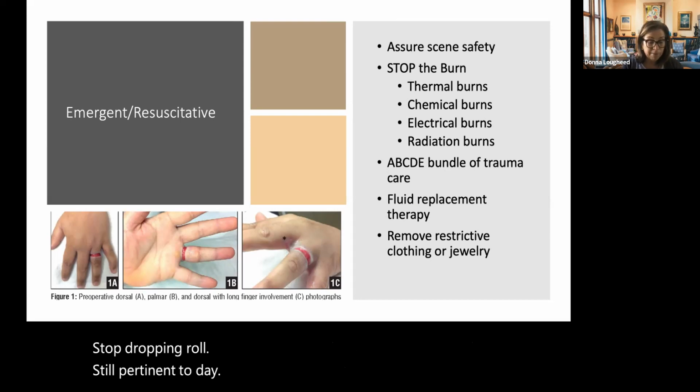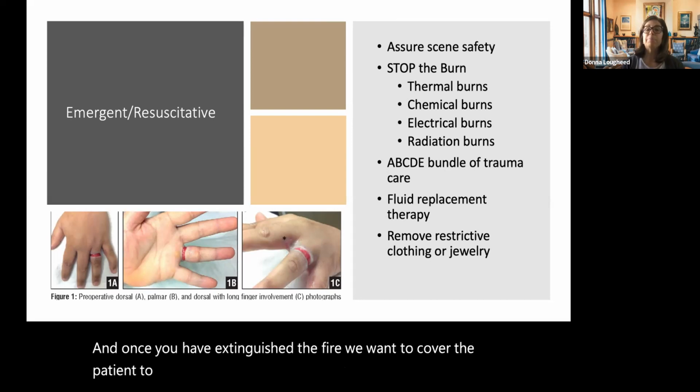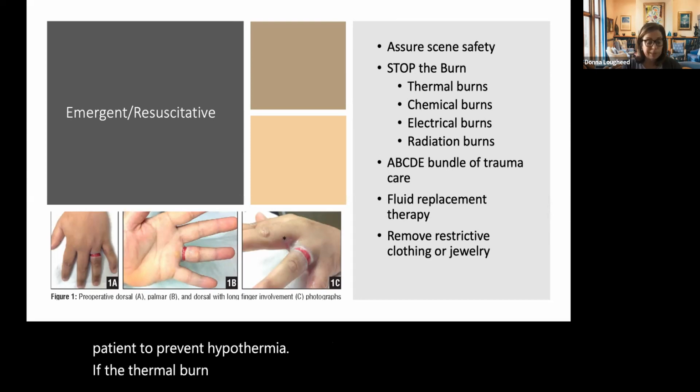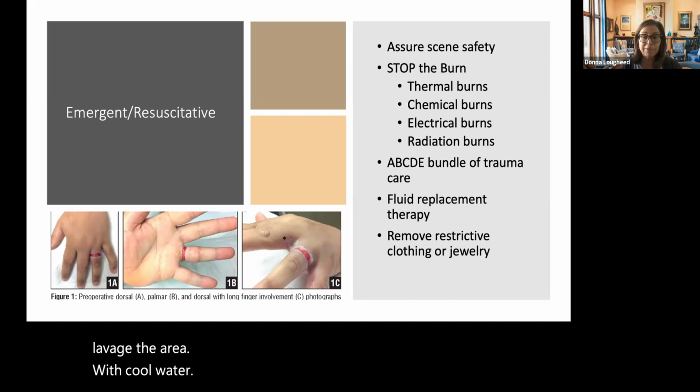And once you have extinguished the fire, we want to cover the patient to prevent hypothermia. If the thermal burn is caused by moist heat, say steam, you want to lavage the area with cool water. We never use ice for cooling because ice causes vasoconstriction.